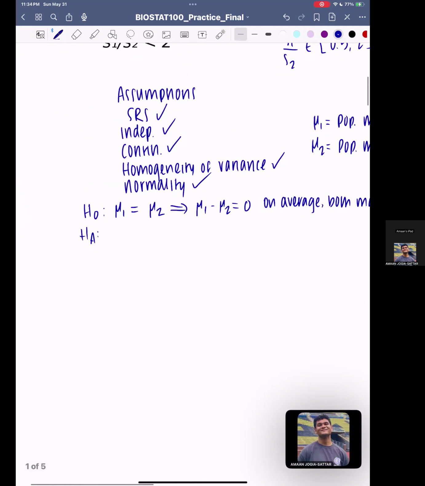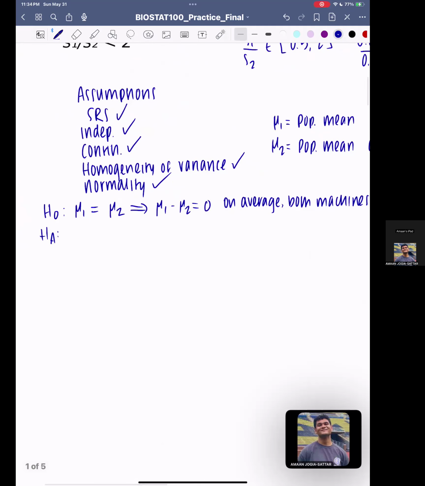And so now for our alternative hypothesis, we assume that the population mean should be faster for mu1 than mu2. What does this mean? A shorter time. So it should take less time to compress 10 boxes or cartons. So we're assuming that mu1 is going to be less than mu2. Or equivalently, mu1 minus mu2 is going to be less than 0.